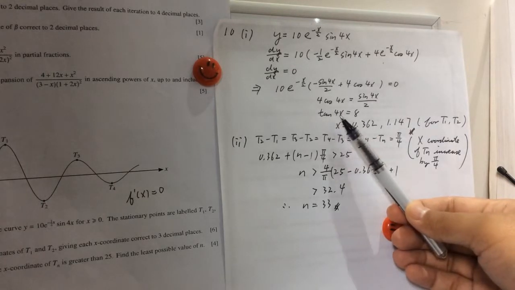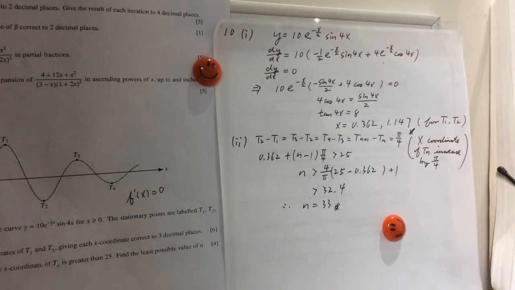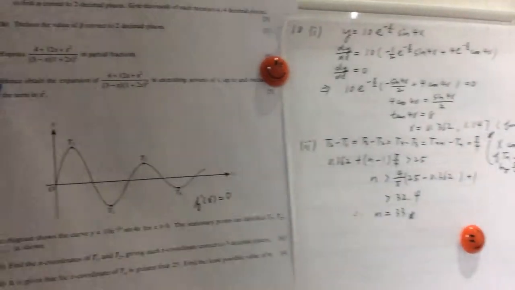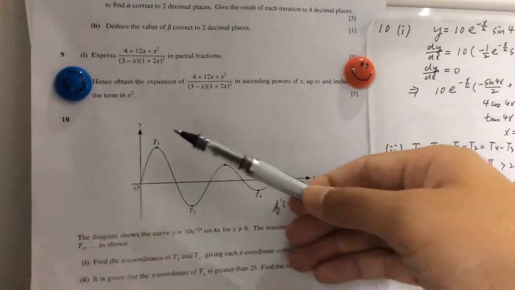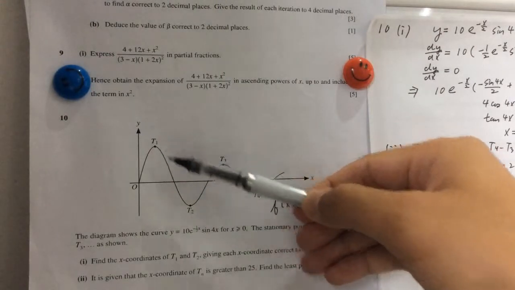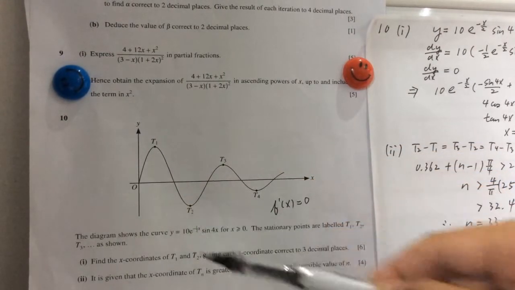So we pick them up by arctangent. We are able to find x, the first one and the second one. That is the x coordinate for T1, and that is the x coordinate for T2.